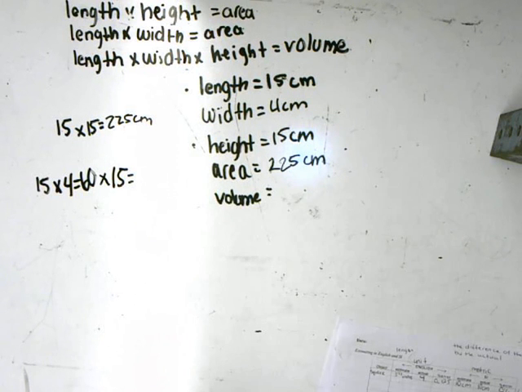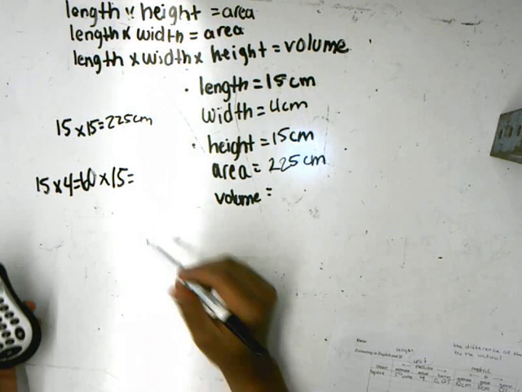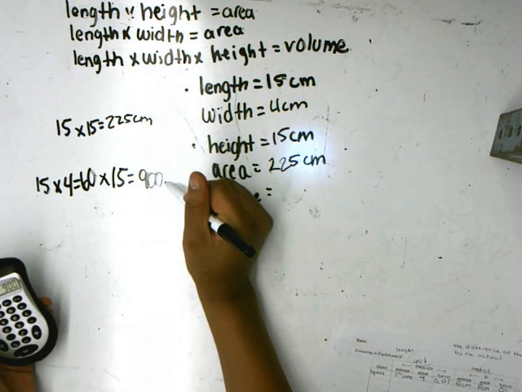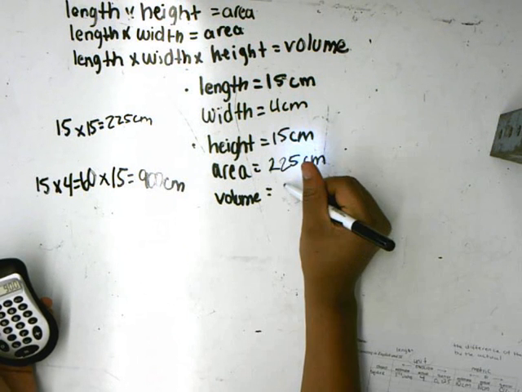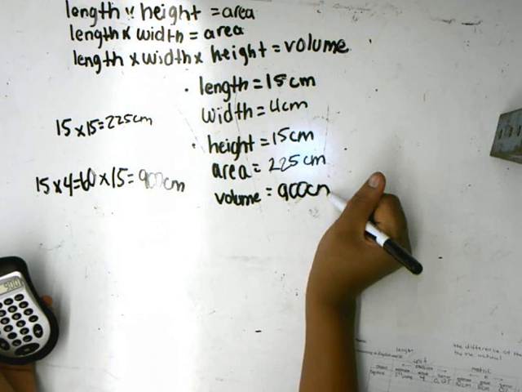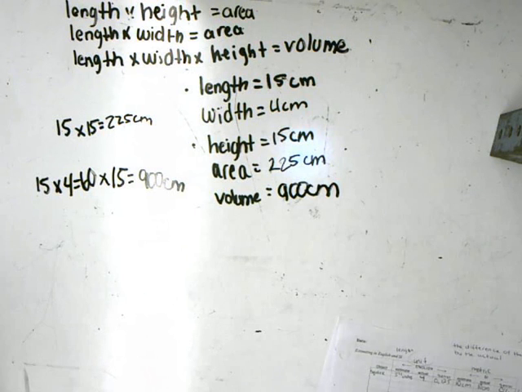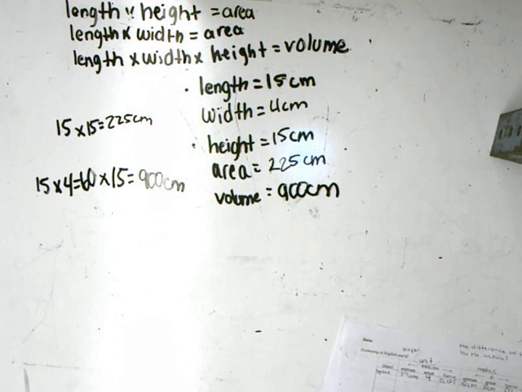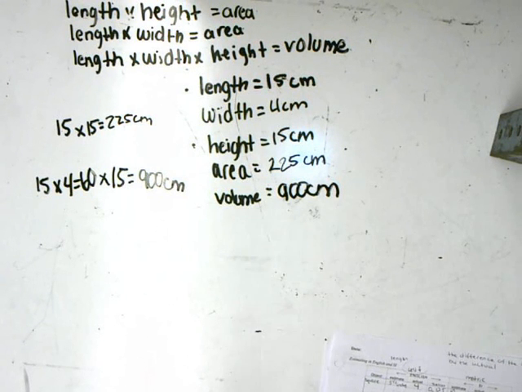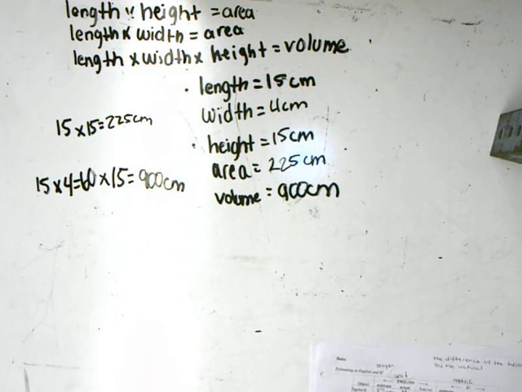Now, in order to find the error percentage, I'm going to first find the error percentage of length. So I'm going to take my estimated, which was 15, minus 15, which was my actual.